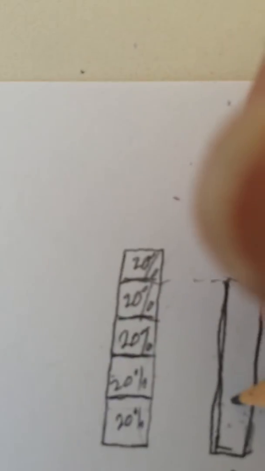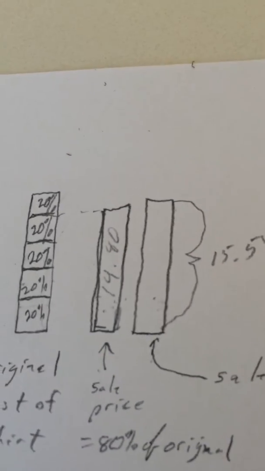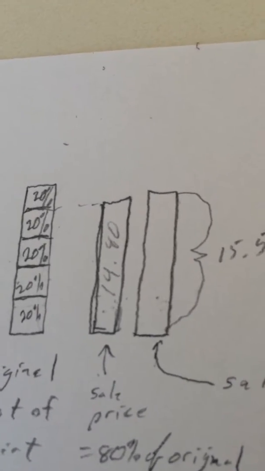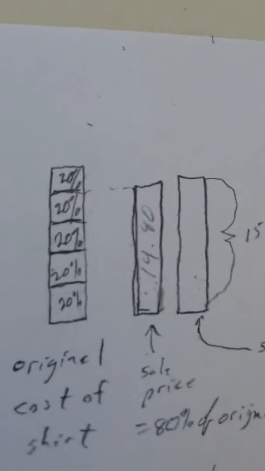Okay, so we can go back up to our picture now, and we can say, okay, then this tower right here has a value of $14.80, right? That tower. Well, if that tower has a value of $14.80, we can see that this tower is going to have this much more. But let's come down here and look at it this way.